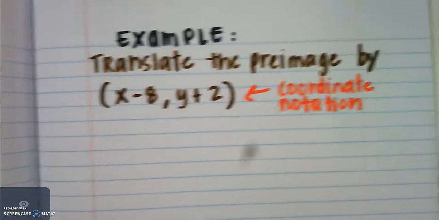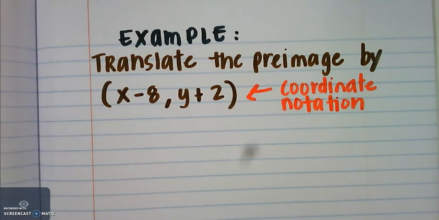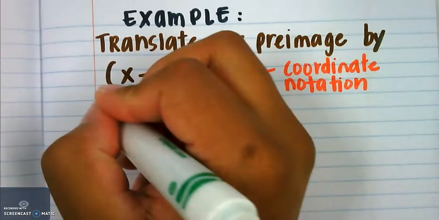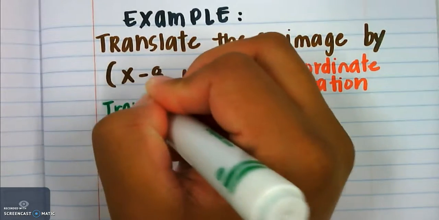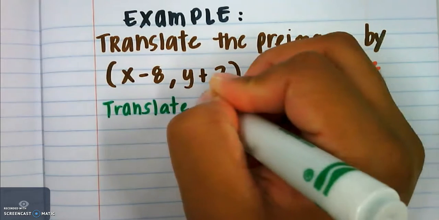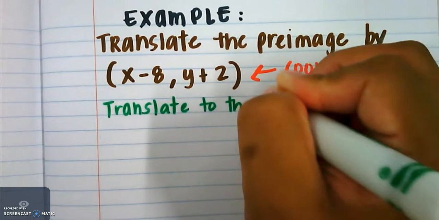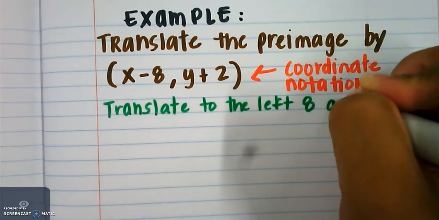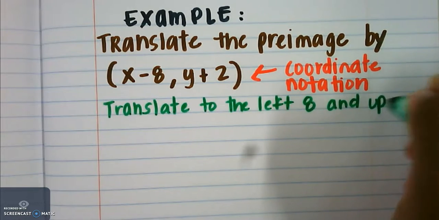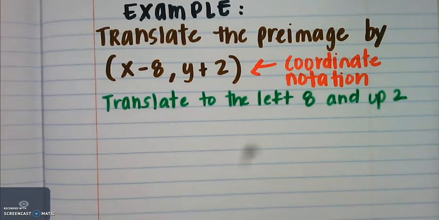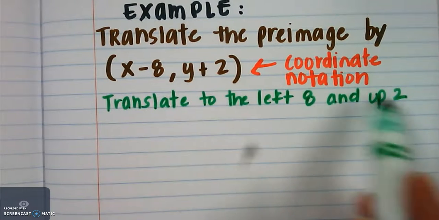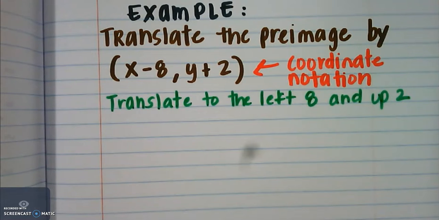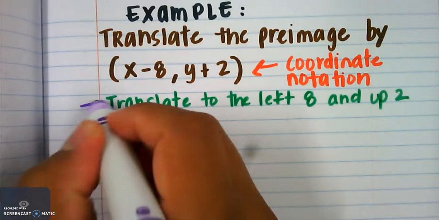We can also write this in words, and it would say translate to the left 8 and up 2. We know minus means we're going to the left, adding, we're going up on our y-axis. So this is it in words.